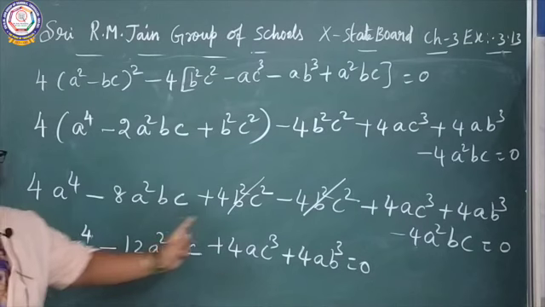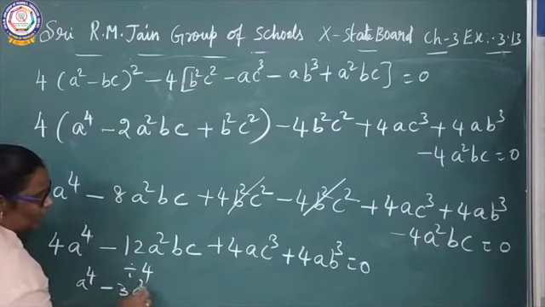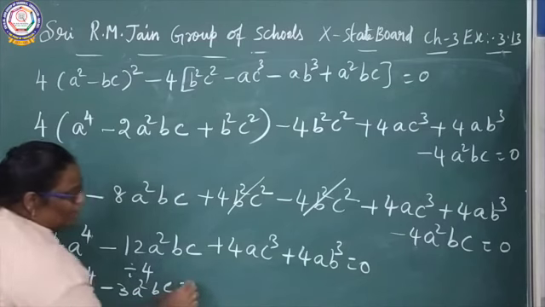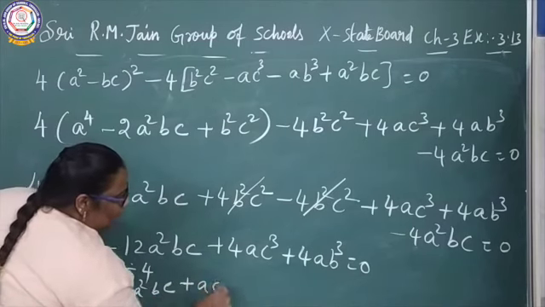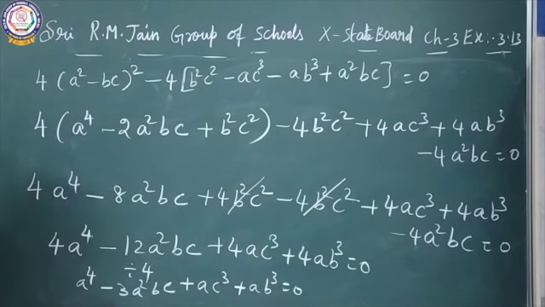Throughout divided by 4. What is the answer you are getting? See here, a power 4 minus 4 3s are 12, a square bc plus ac cube plus ab cube equal to 0. See here, a you can take out.